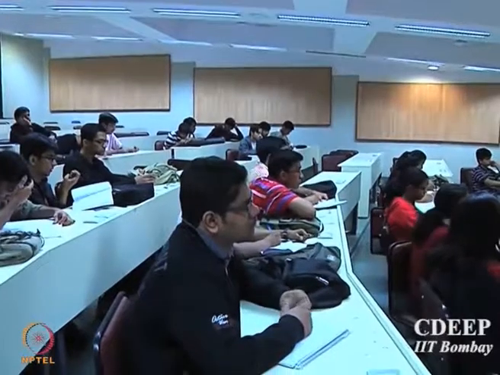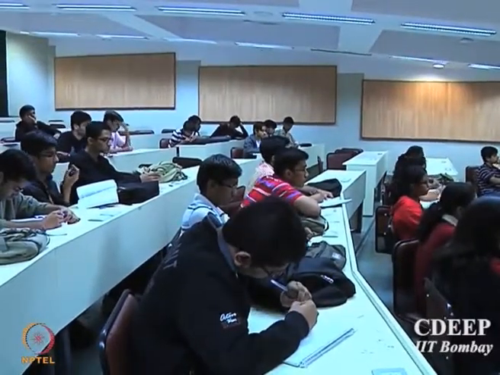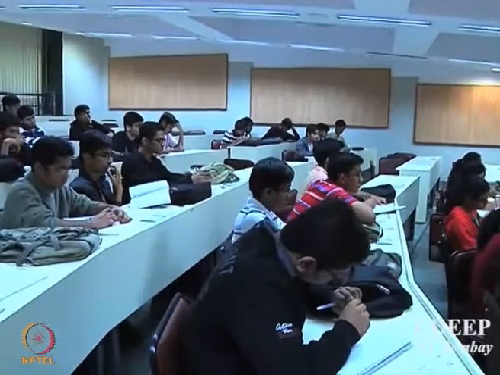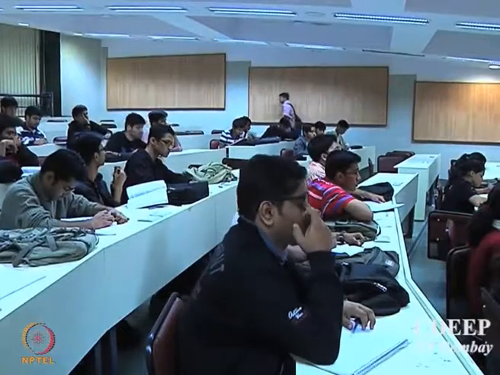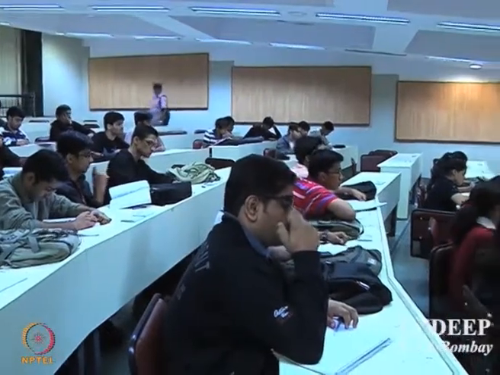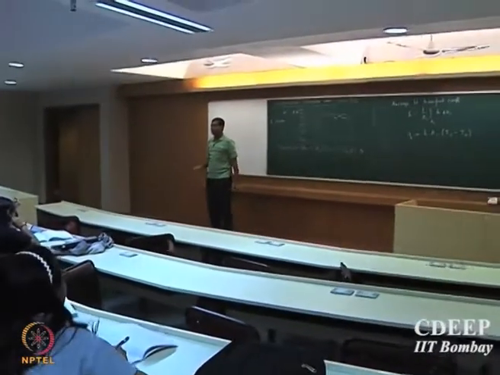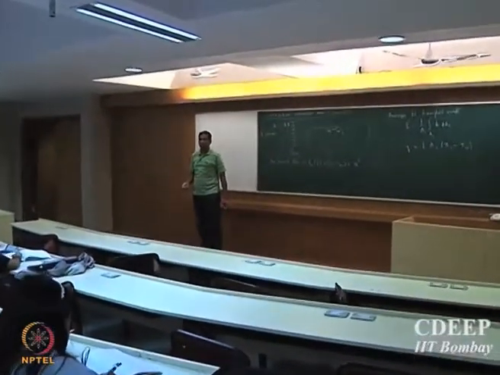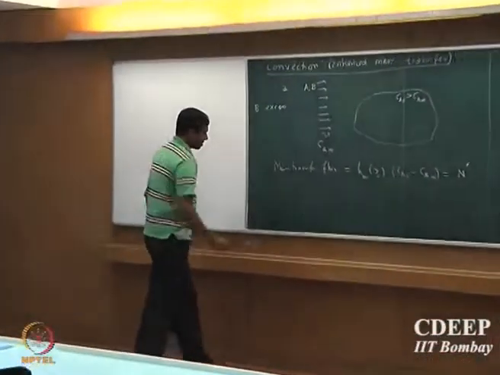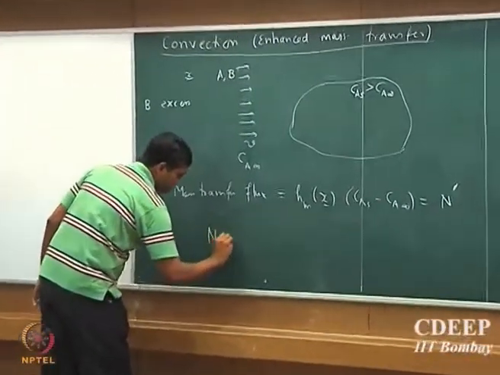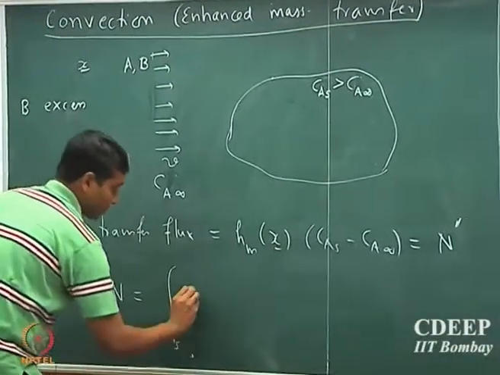So you have some mass transport coefficient, which is again a function of position, multiplied by CAS minus CA infinity. Okay, so I call this N double prime, N is the symbol I use for mass transport rate, and N double prime is the flux. Therefore, the net mass transport rate is given by the integral over the whole surface.